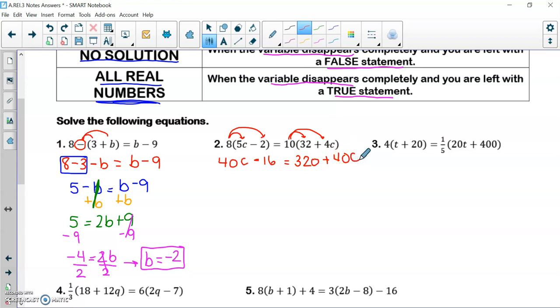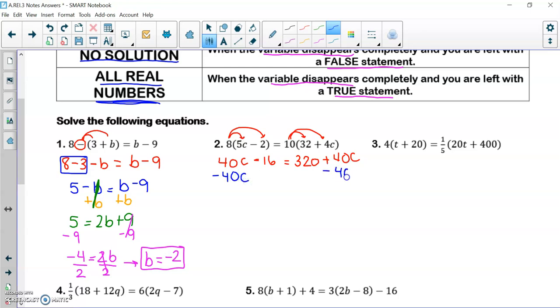Now, this is a level 2 equation. We need to get the 40c, either this left 40c over to the right or this right 40c over to the left. It does not matter which one. But either way, we are going to need to subtract 40c from both sides.